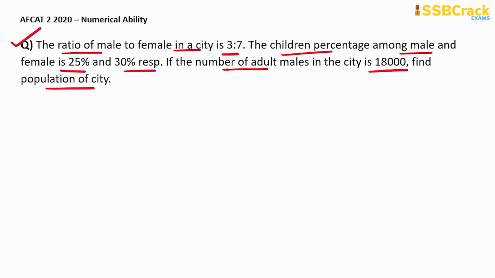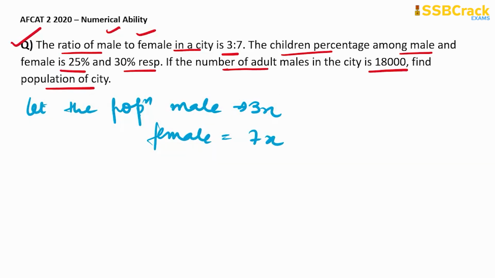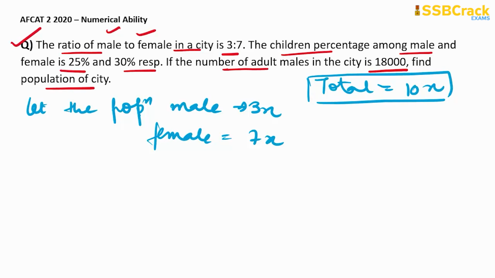So we are given the ratio of male and female in the city as 3:7. So firstly we can let the population of males be 3x and the female population be 7x. So this implies your total population will be 3x plus 7x, that will be 10x, right? That will be useful for us in the later part of this question. Now we are given that among the total population 25% of males and 30% of females are children.